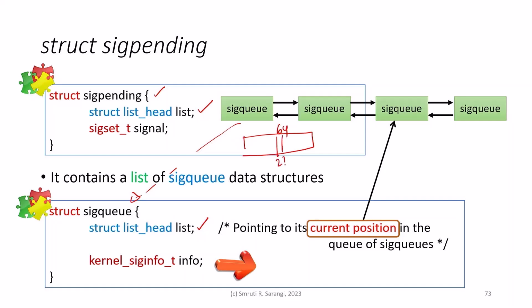If bit number 27 is set to 1, it means that there is a signal pending for signal number 27. And at any point of time, only one signal of a certain type can be pending. Similar to soft IRQs, that is why you use a bit vector, and the bit being 1 means the ith signal is pending.